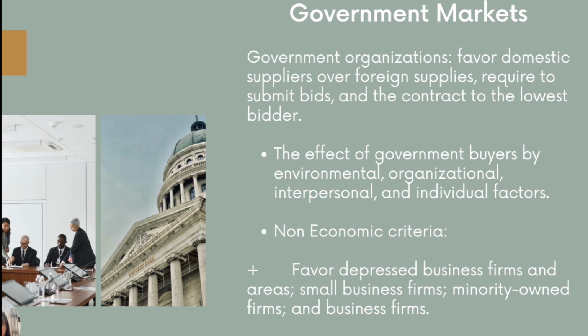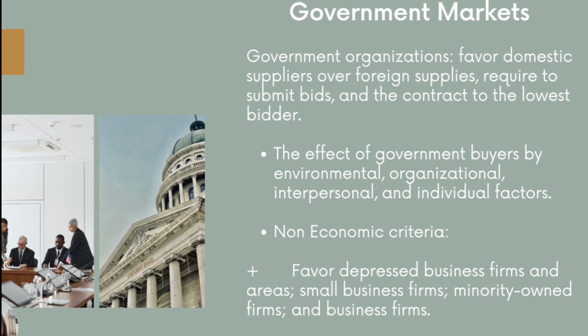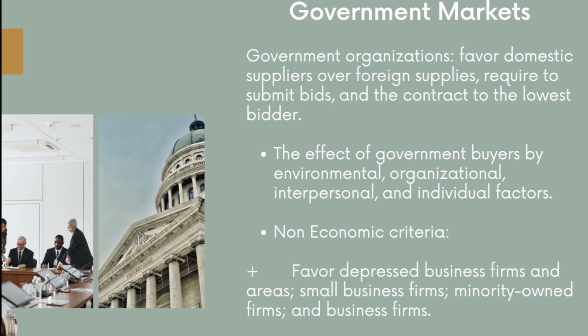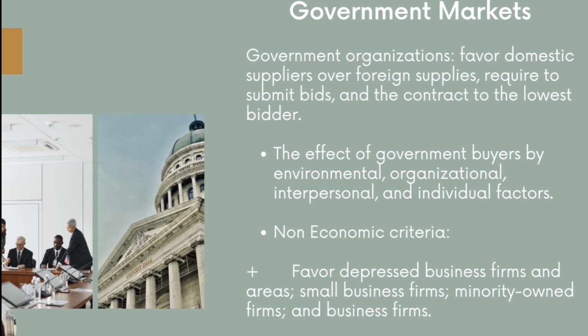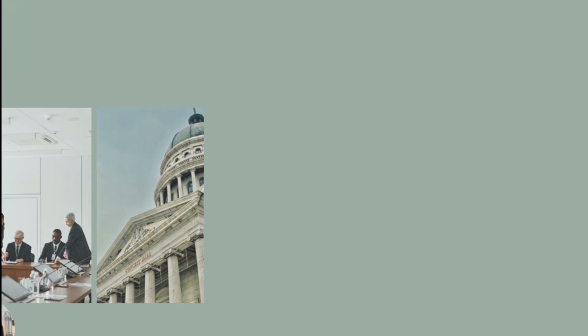Government organizations favor domestic suppliers over foreign suppliers, and require bids and contracts to go to the lowest bidder. Government buying is affected by environmental, organizational, interpersonal, and individual factors, especially non-economic factors, favoring small business firms, minority-owned firms, and similar business firms.